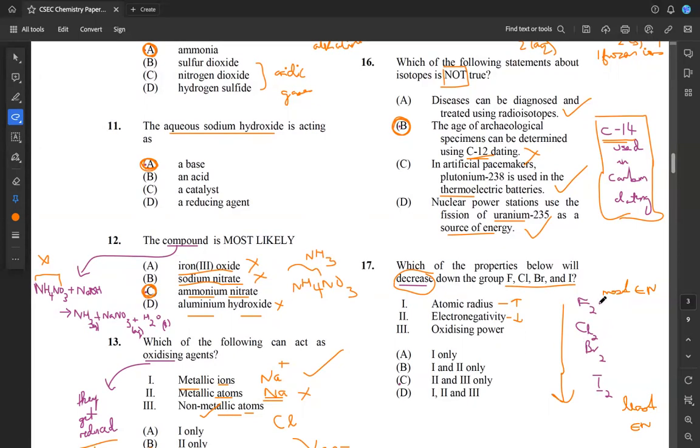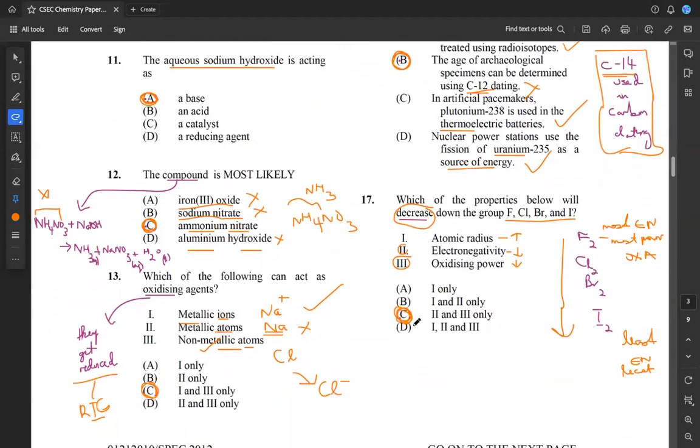Oxidizing power, F2 is the most powerful oxidizing agent, right? And so the one down here will be the least powerful oxidizing agent, right? And so this also decreases as you go down the group. So our answer here has to be one that has 2 and 3. So that is C. So C is our answer for 17, okay? So this is just remembering your trends in group 7, okay?